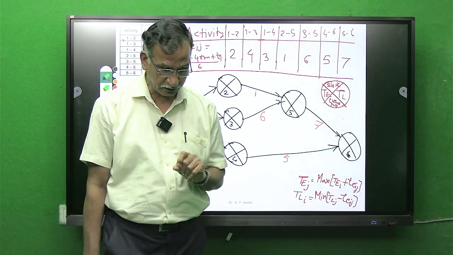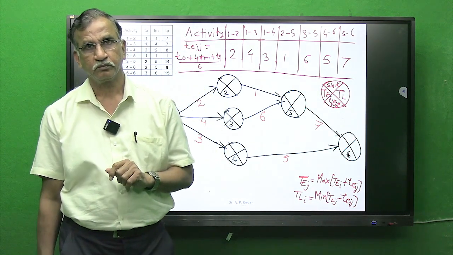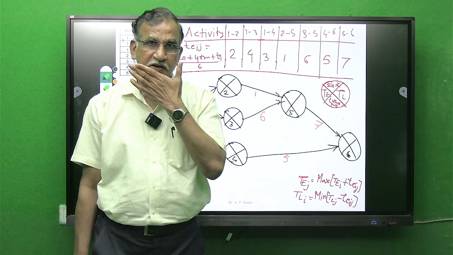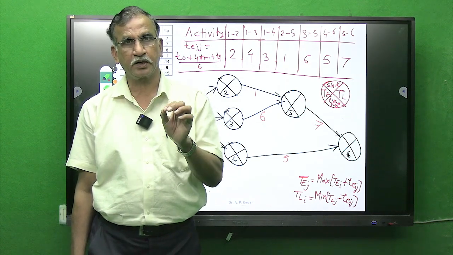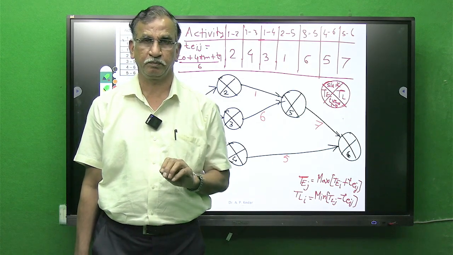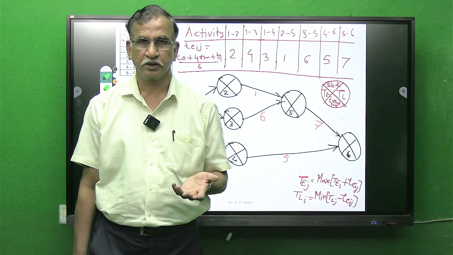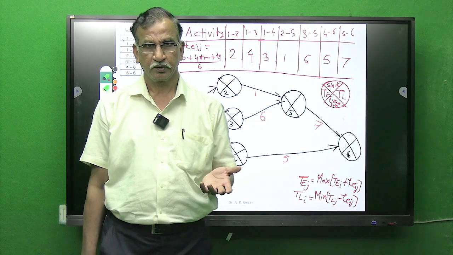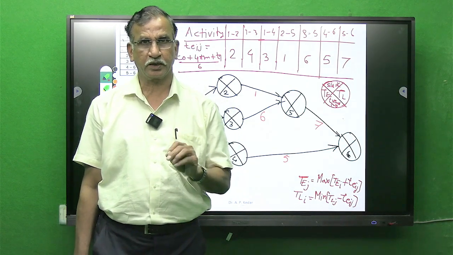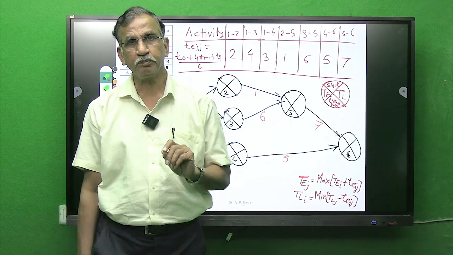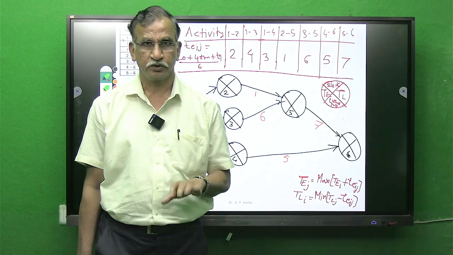And I said that any network, any project will start at the 0th point of time, maybe in units, days, weeks, or months. So the earliest start time for any project will be 0.